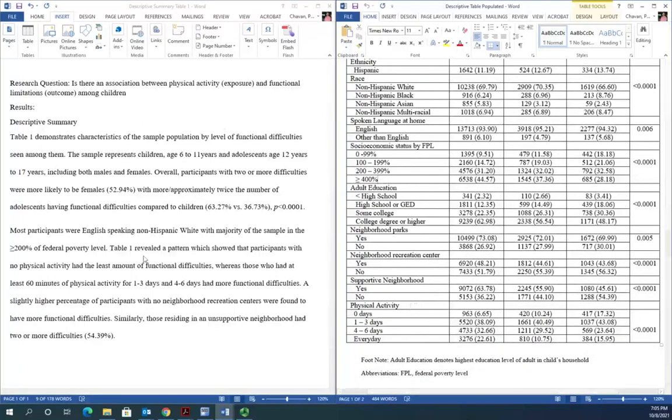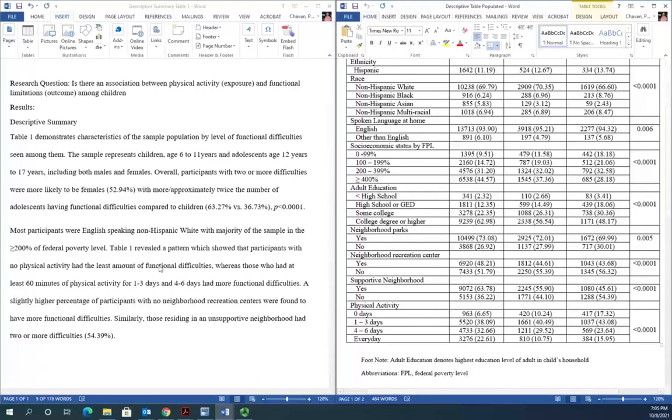Over here, you will see that I'm saying table 1 revealed a pattern which showed that participants with no physical activity had the least amount of functional difficulties. So yes, participants in the none category did have the least amount of functional difficulties.